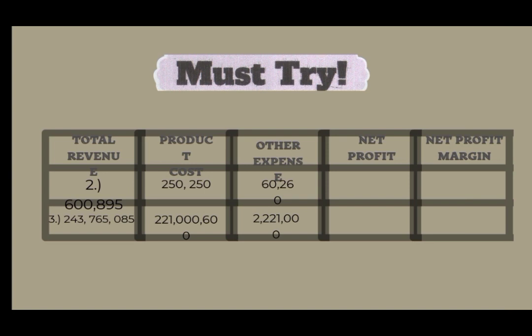For net profit, just subtract everything, following the formula. Okay, so you have all the time and good luck!